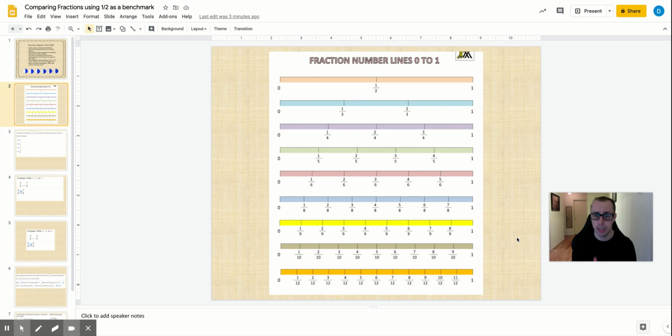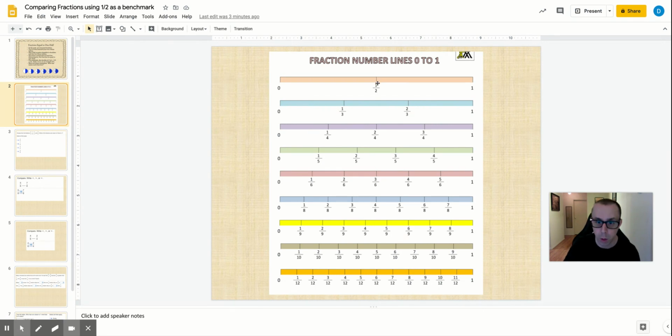That means: is it on this side of 1/2, or is it on this side of 1/2? If it's on this side of 1/2, meaning less than 1/2, that means that it is closer to 0. And if it's on this side of 1/2, closer to 1.